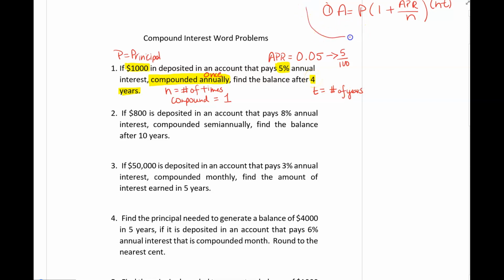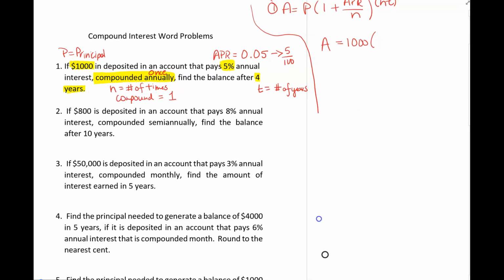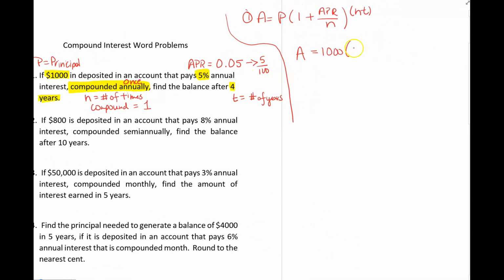So if we plug this into our formula, we're going to get A is equal to 1,000 times parentheses 1 plus 0.05 divided by 1, raised to the 1 times 4.